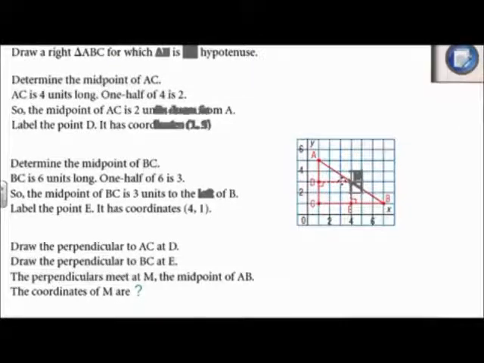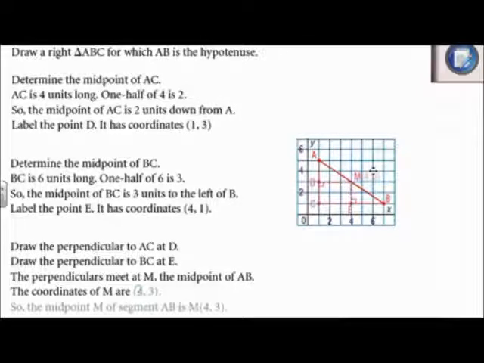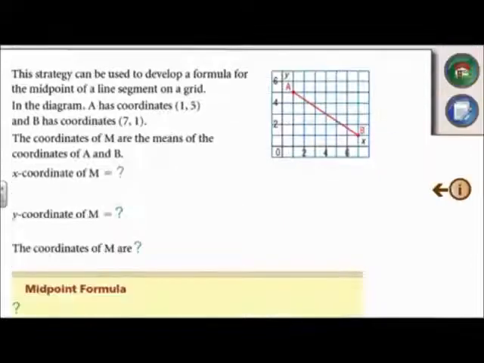And where the two lines intersect, right there is going to be our midpoint, and we can then see that the coordinates (4, 3) are where the midpoint is. That's doing it graphically.